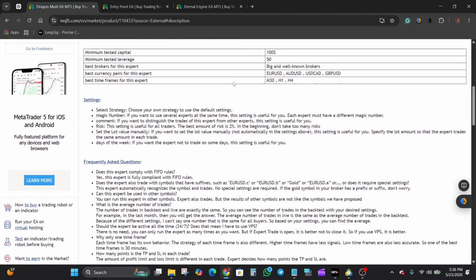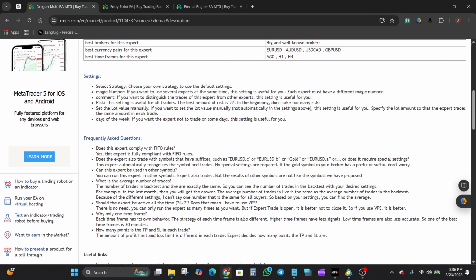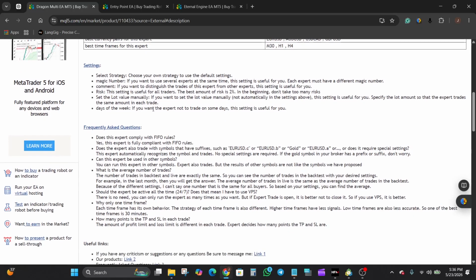Now, moving into the settings section, there's actually a decent amount of flexibility here. Traders can choose between different strategy selections, configure risk settings, manually define lot sizes if they don't want automatic sizing, and also control which trading days the EA is allowed to operate on.